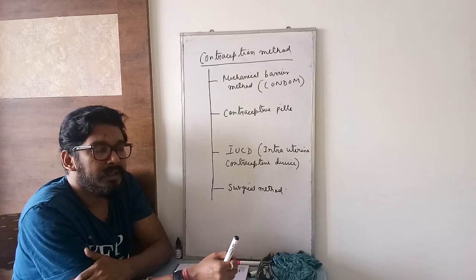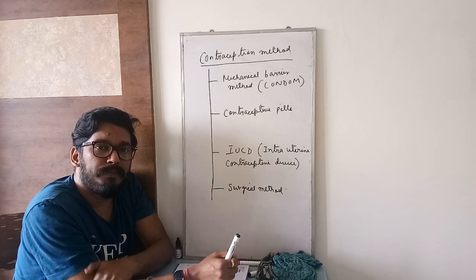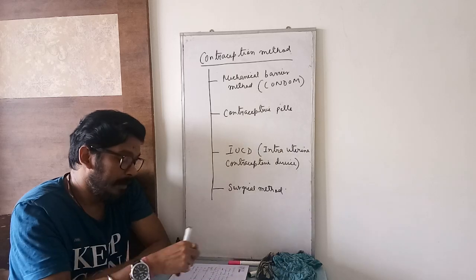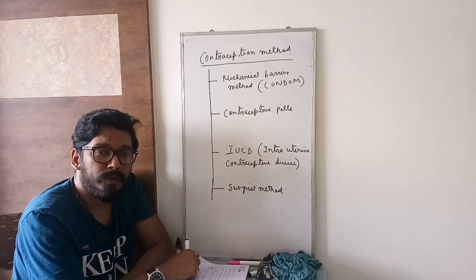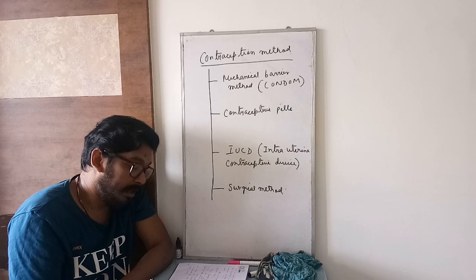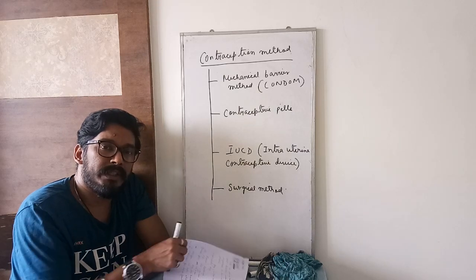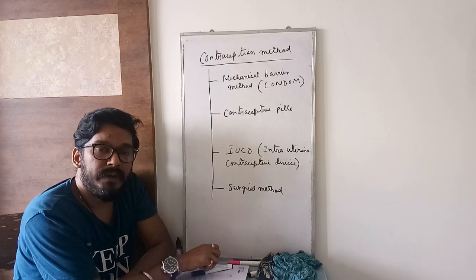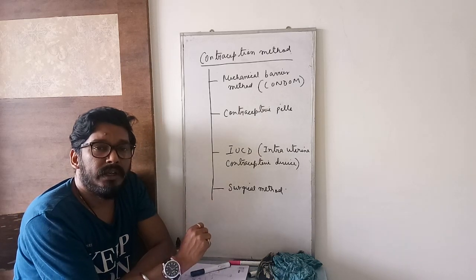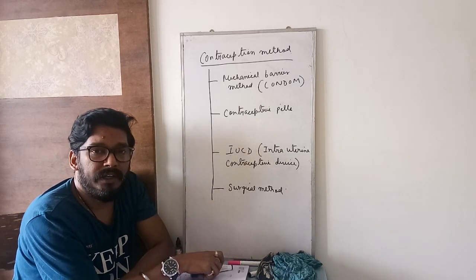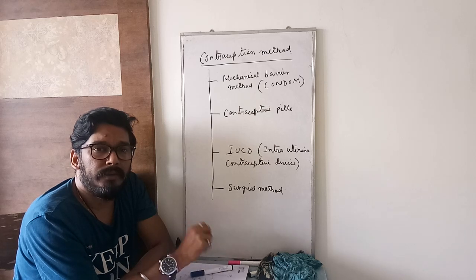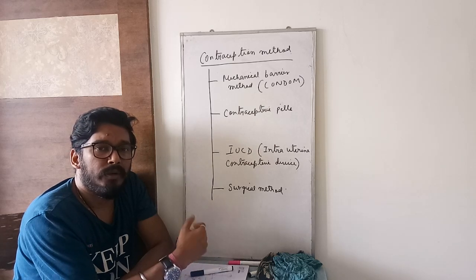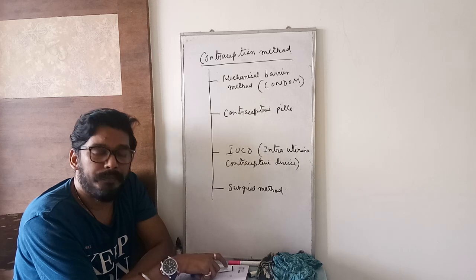Next is the surgical method. The surgical method can be done for both male and female. If it is done for a male, it is called vasectomy, and if it is done for a female, it is called tubectomy. From the word vasectomy you can understand: vasectomy means blocking the vas deferens. That means the vas deferens is cut and tied. When it is done, automatically there will be no flow of sperm.